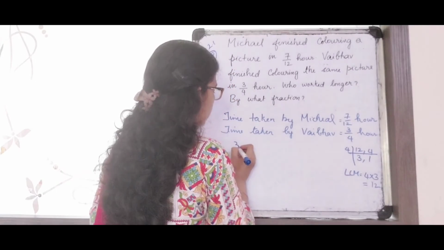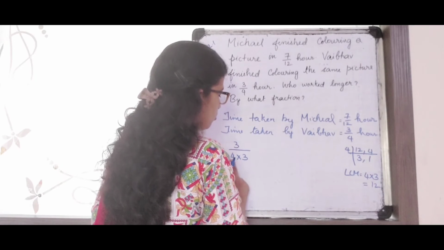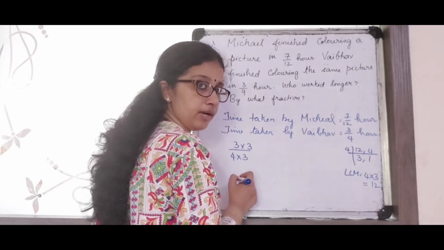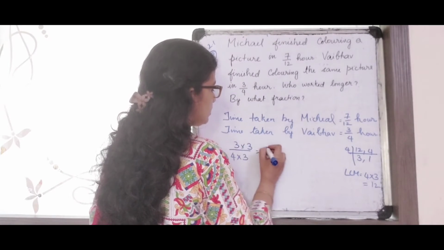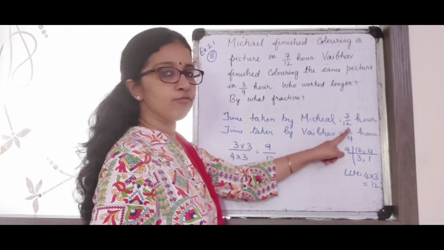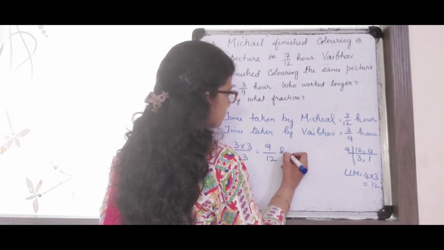So 3 by 4 can be written as 3 by 4 into 3. So 4 into 3 will become 12, and the numerator also we have to multiply by 3. So 3 3s are 9, 9 by 12. So this 3 by 4 can also be written as 9 by 12 hour.